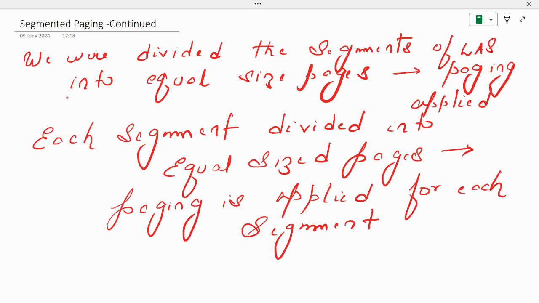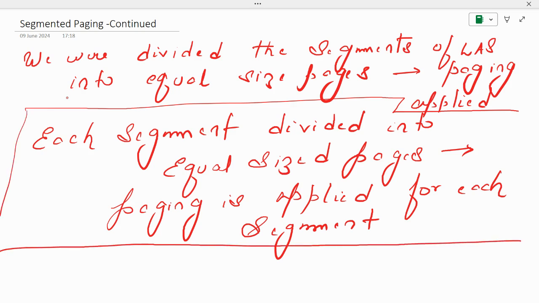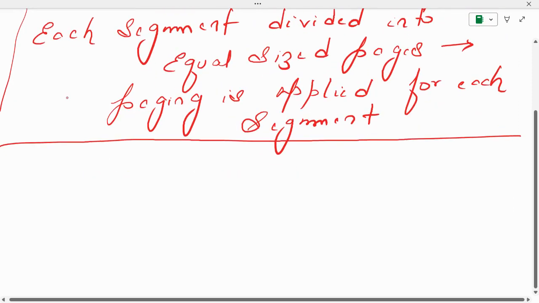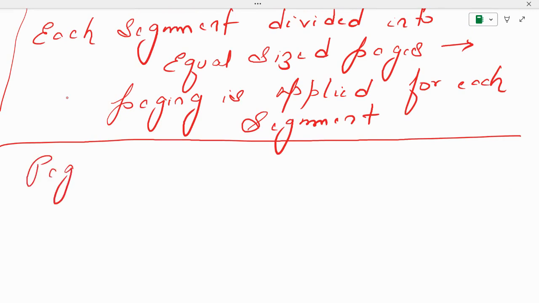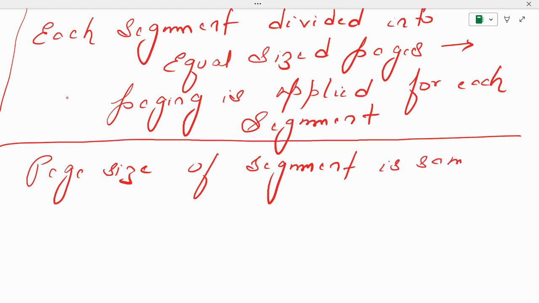because the segment size is very huge, so we are not bringing the entire segment into the main memory. We are bringing the pages of the segment into the main memory, and hence we can say that the page size of each segment is the same as the frame size of PAS.